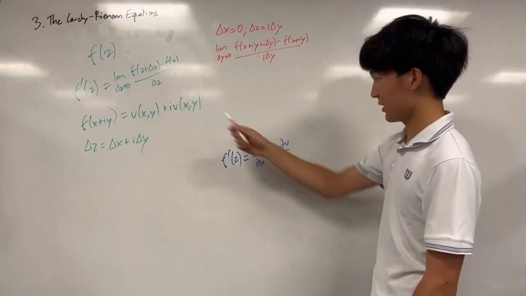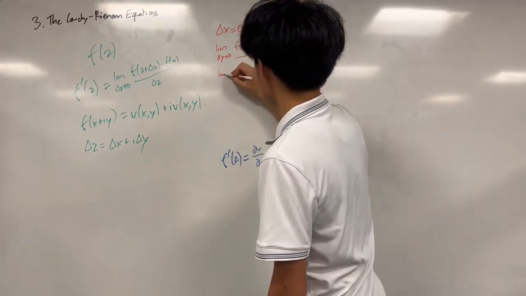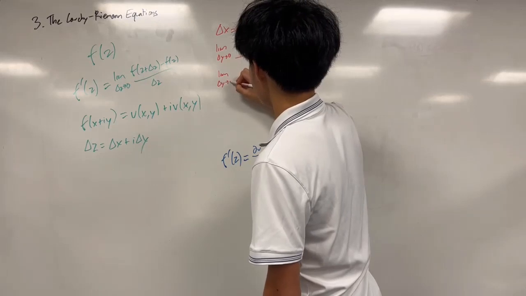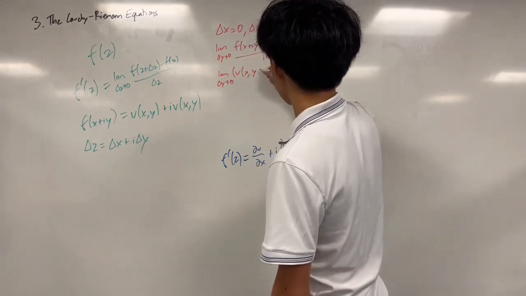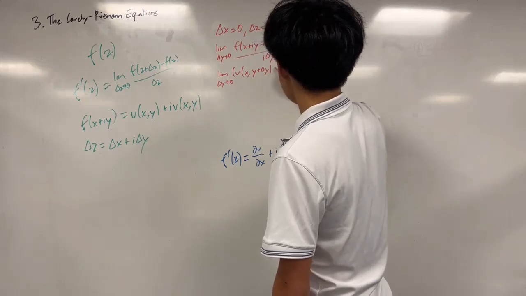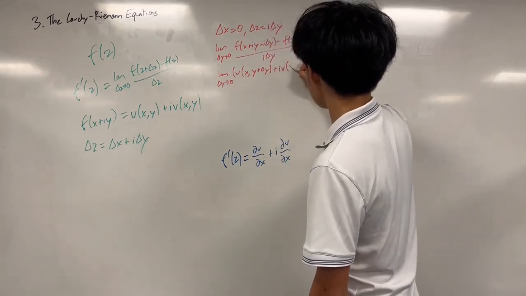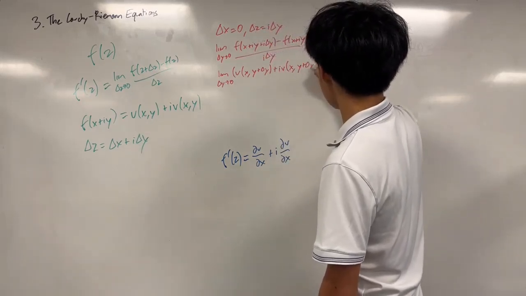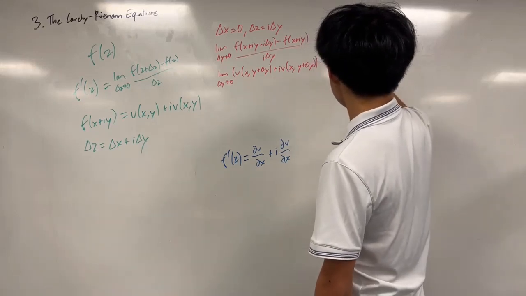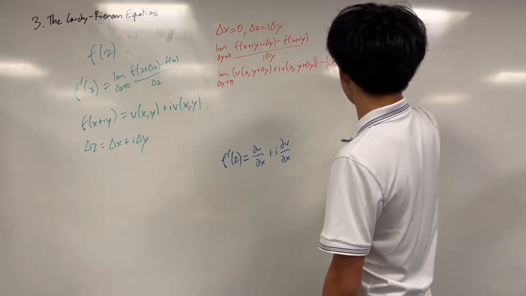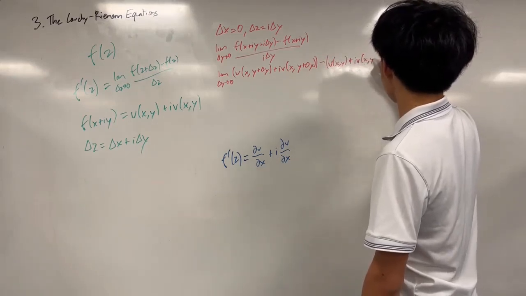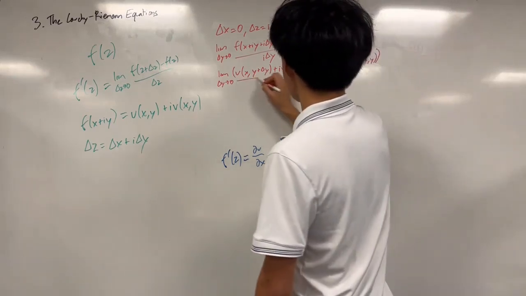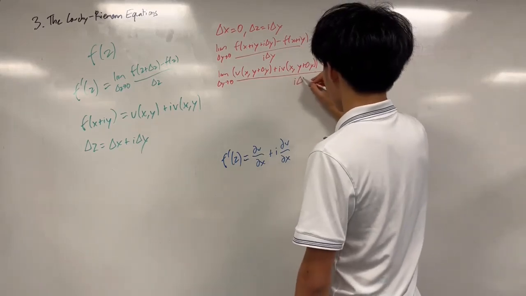Again, we split f into u and v, such that this is the limit as delta y tends to 0 of u of x and y plus delta y plus i times v of x, y plus delta y, minus u of x and y plus i times v of x and y, all over i delta y.